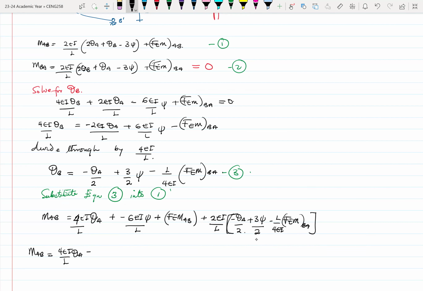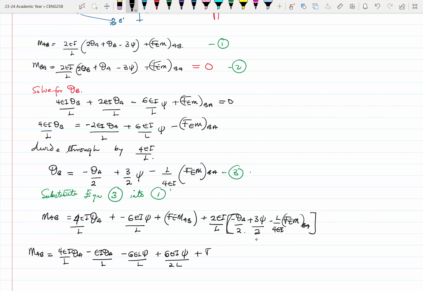All right, so it becomes 2EI theta A over L. Then we have minus 6EI psi over L. Then again, plus 6EI psi over 2L.